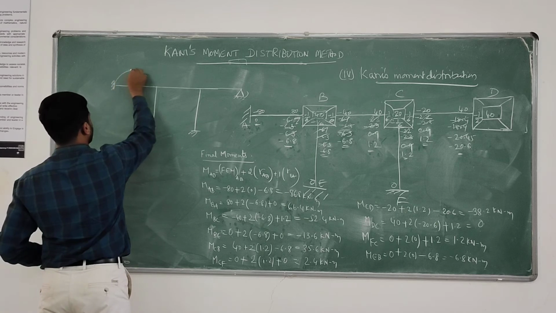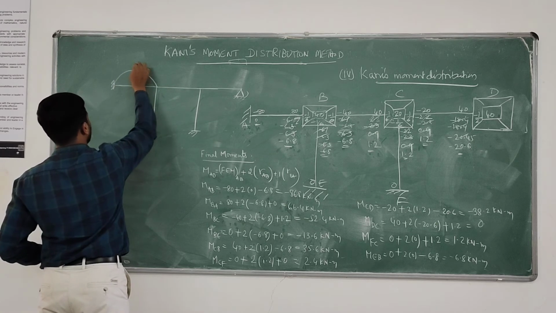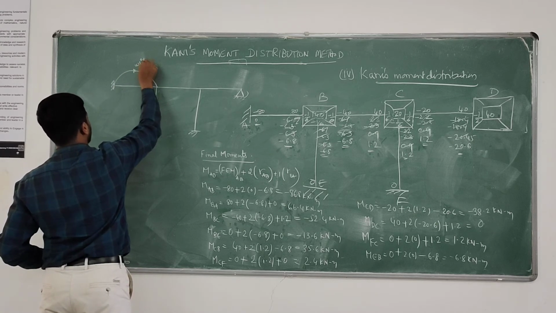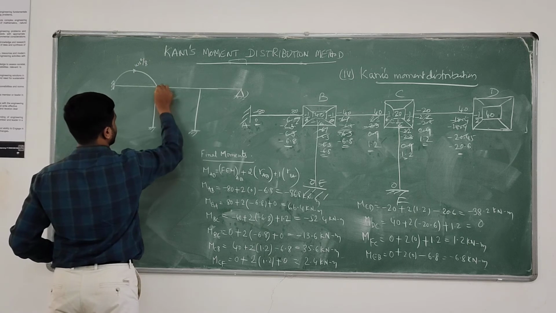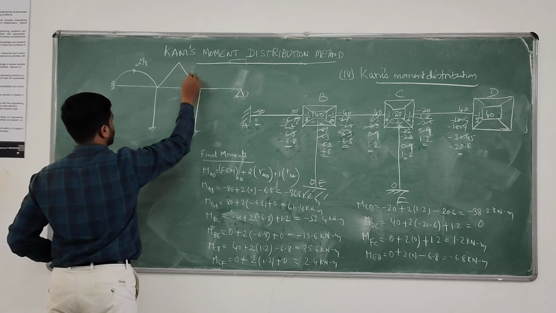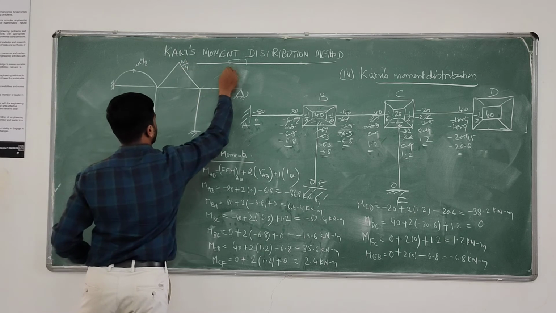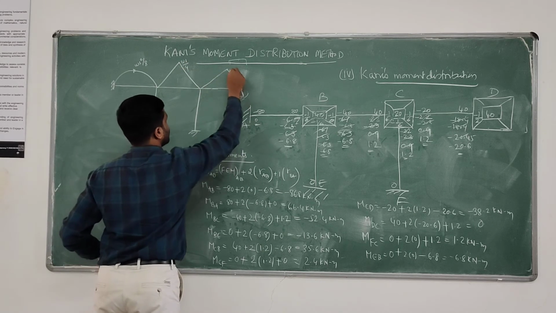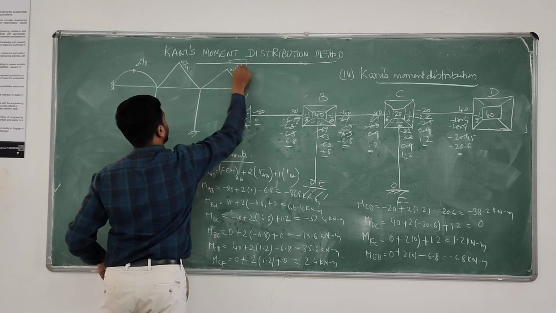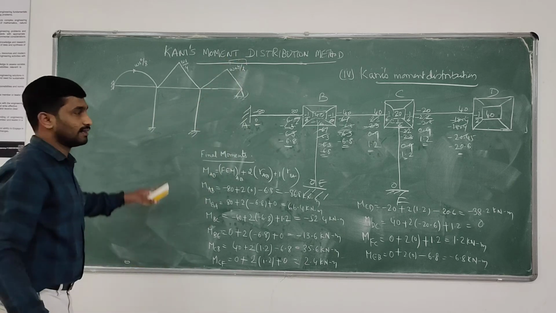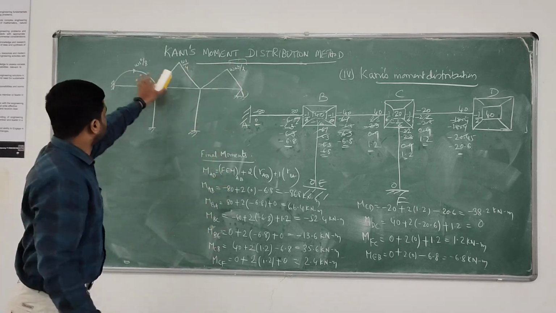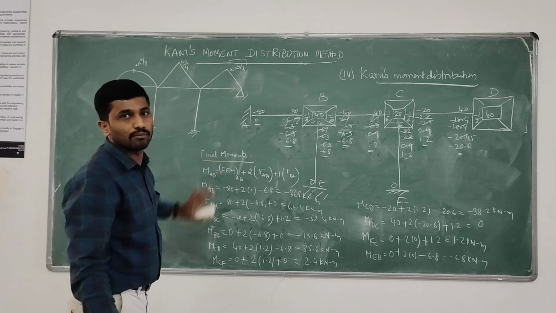The free BMD is in the pattern of parabola and the value is WL square by 8. Here you are having a central concentrated load. Therefore, this is WL by 4. Here you are having eccentric load. It's also triangle, WAB by L. This is the free BMD. Just substitute the values. You are getting free bending moment diagram.